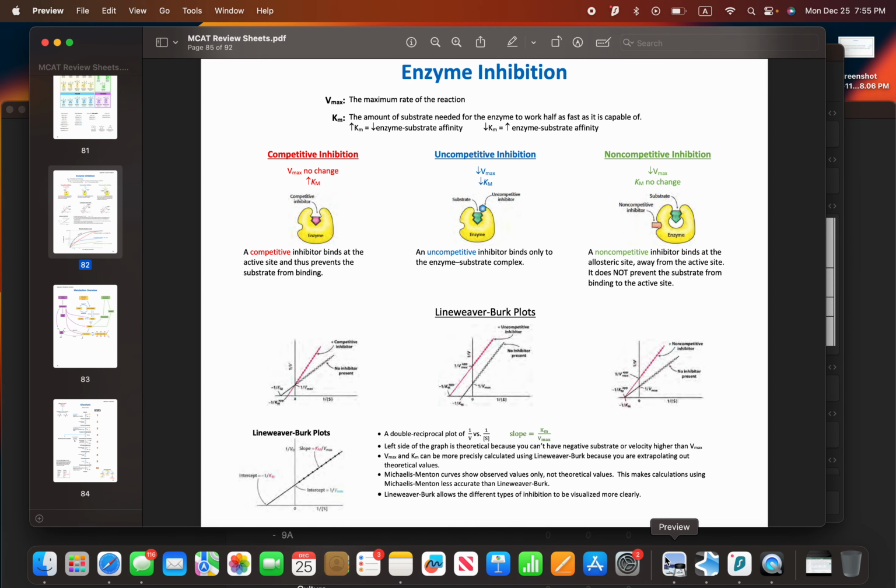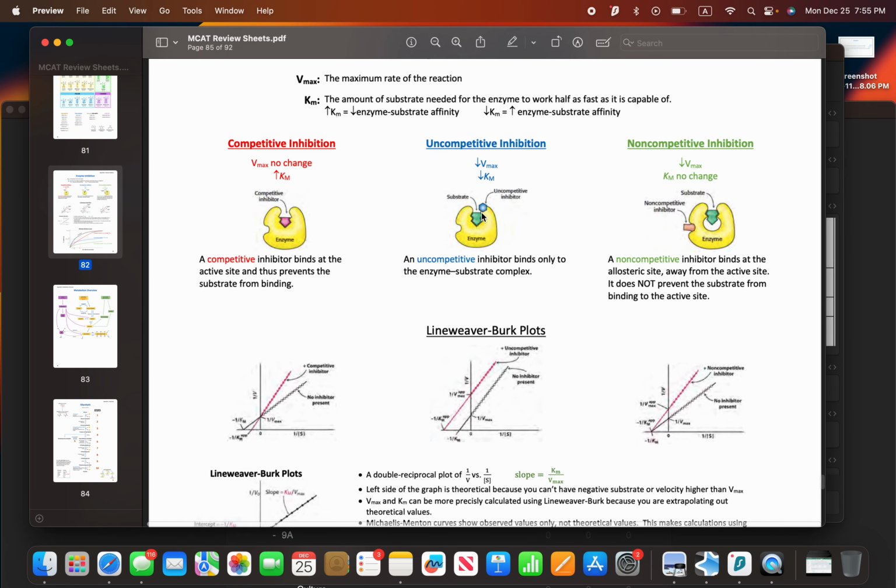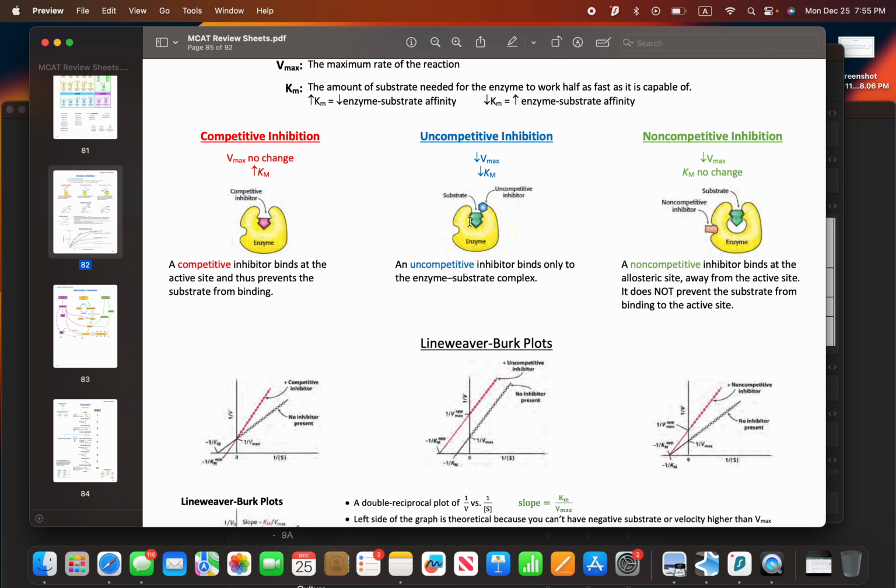Let's go back here. We can see that the substrate is sitting in the enzyme, but the uncompetitive inhibitor is somewhere here. Just look at the structure. So it binds to the enzyme substrate complex only.